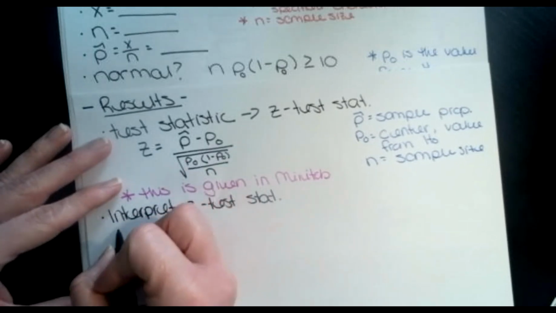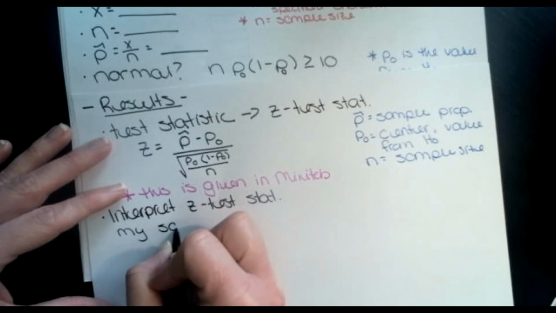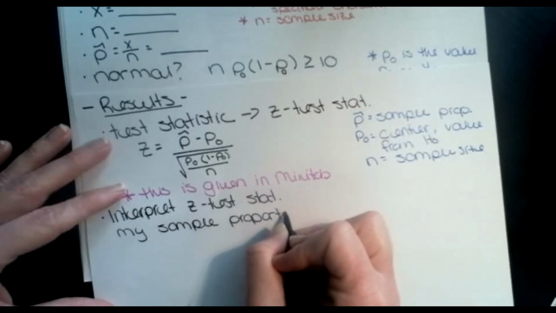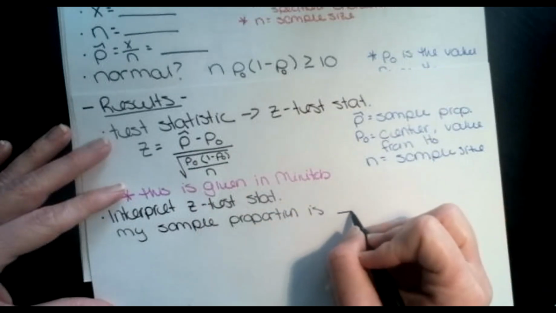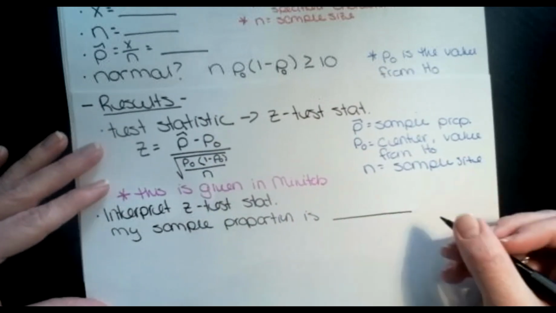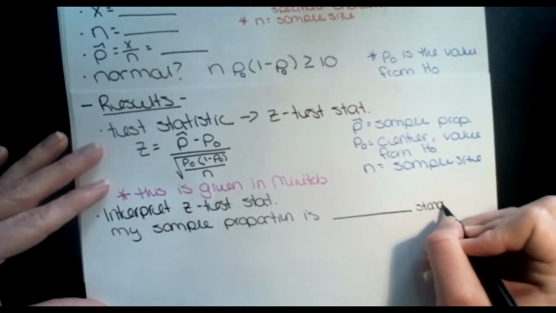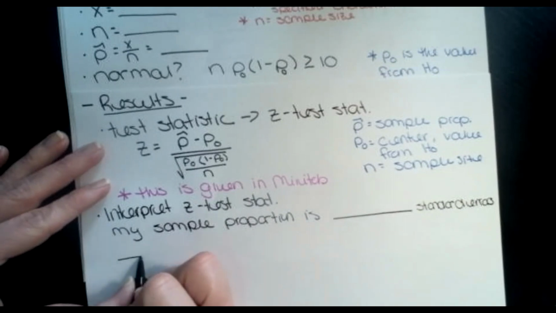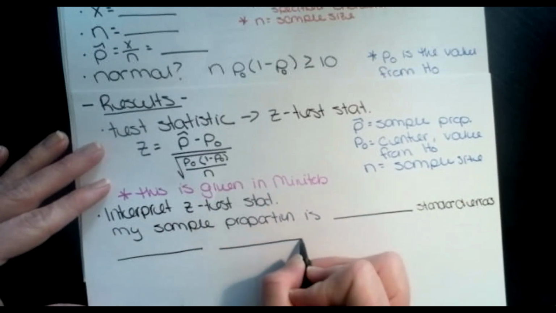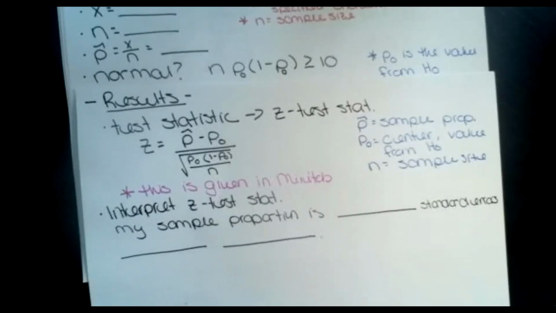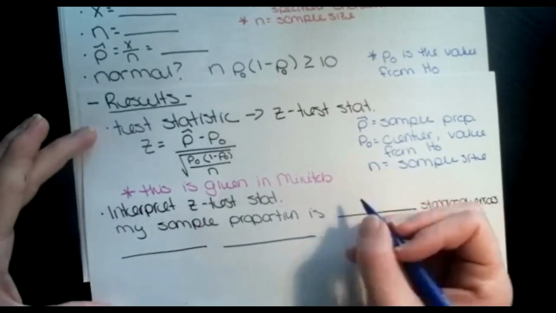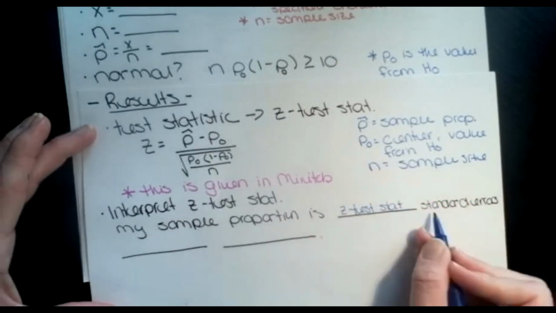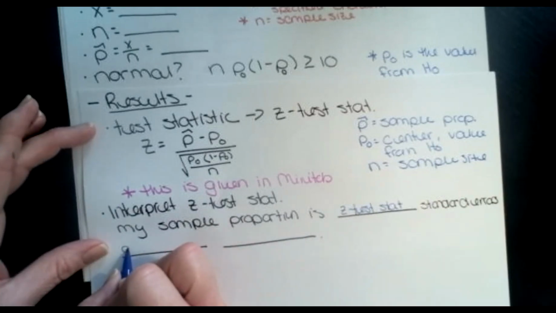So here I'm just going to say my sample proportion is whatever my z-test-stat is, standard errors, and then above or below my center. I'm going to fill those in with a different color. So right here, I'm going to use my z-test-stat, standard errors, and then you say above or below.